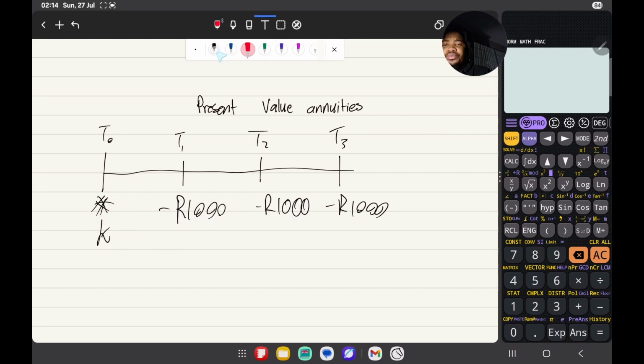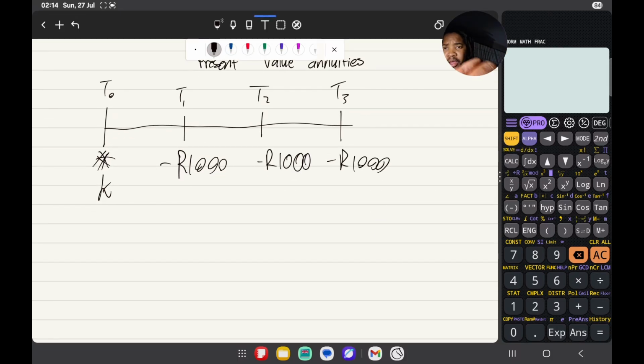So you could start thinking about it step by step, ne? For each and every withdrawal, we can determine how much money we must deposit for each individual withdrawal.